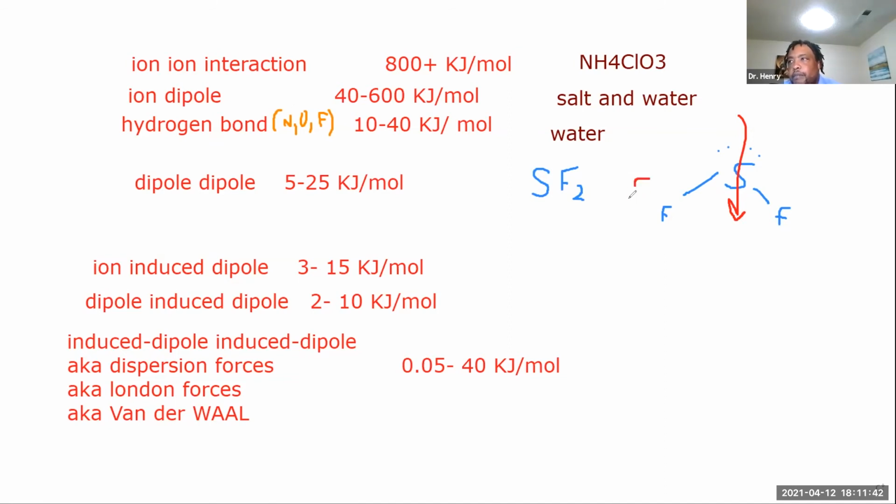This one would be partially negative, and this one would be partially positive, the opposite of water, right? And so this one would interact with the other fluorines up here. Okay, make sense?